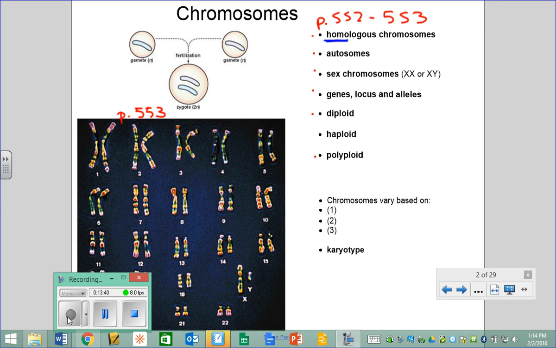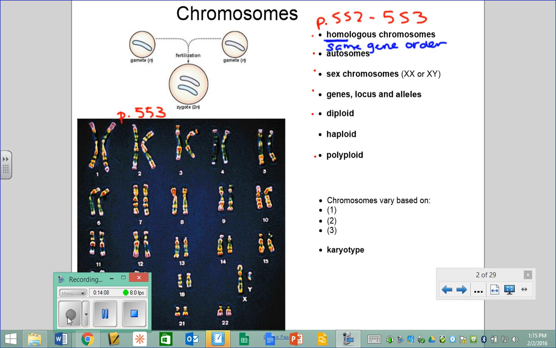Homologous chromosomes have the same gene order. So if I took two chromosomes and I looked at them and they had the same order or the same sequence of genes, then I could say that they are homologous. So for example, if I had two chromosomes and the first gene was for eye color, then hair color, then skin color, in that order, I could say that they are homologous.